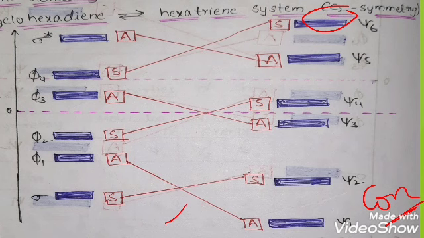So we have to compare the symmetry of the C2 axis in reactant molecular orbitals and product molecular orbitals.